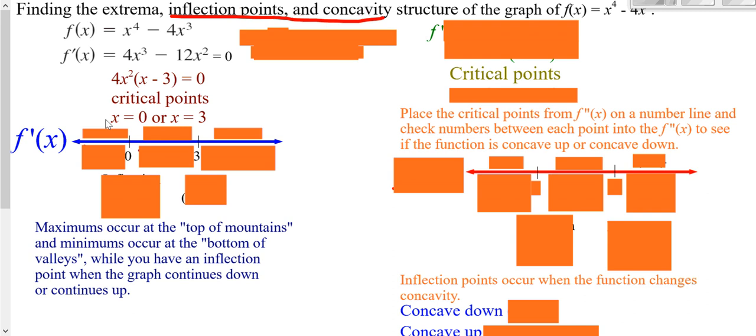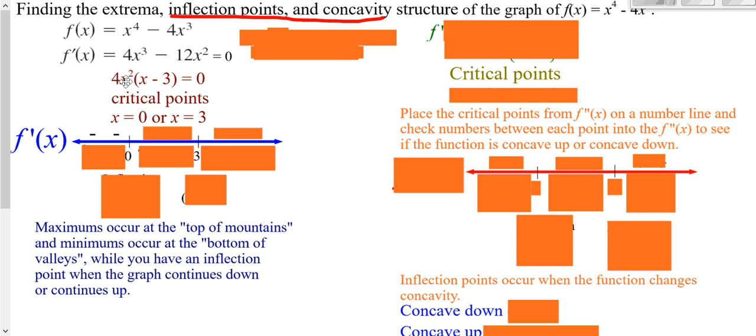So now you got to try a number in each region. So we try a number over here like -1. -1 squared we know is positive times 4 is positive. -1 minus 3 is a negative. A negative times a positive we know is a negative. Try a number in between like 1 or 2.